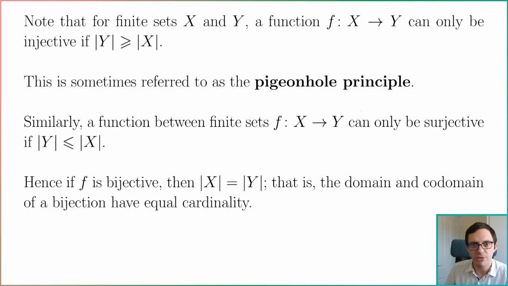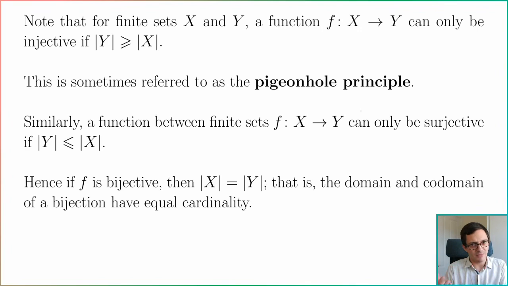This is called the pigeonhole principle. The thing to imagine, if you want to think about the pigeonhole principle, is the idea that you have lots of pigeons and they live in these little squares called pigeonholes. And the rule about injections is that you can't put two pigeons into the same pigeonhole. They don't fit.